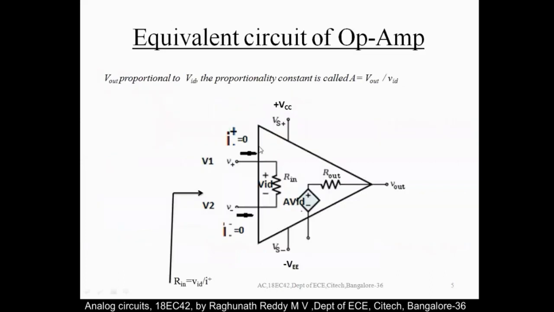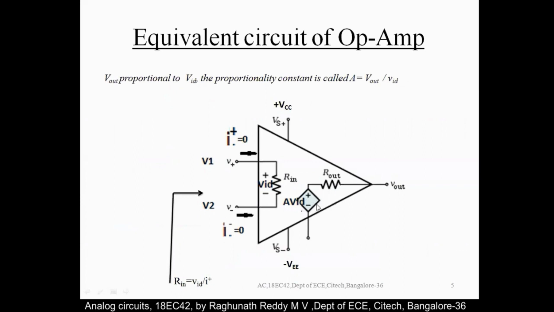Next, let us see the equivalent circuit of op-amp. We can draw the equivalent circuit of op-amp easily. You know that op-amp senses the difference of the input voltage and produces a V out, so that V out equals A times VID. So it is represented with a dependent voltage source.